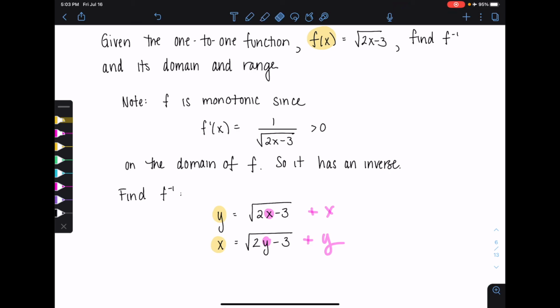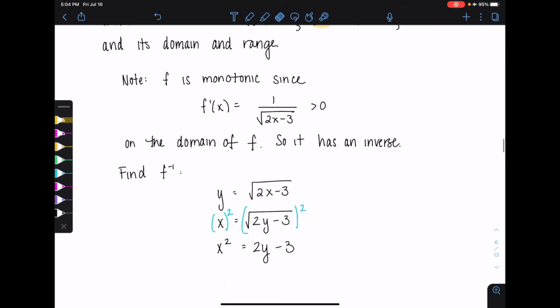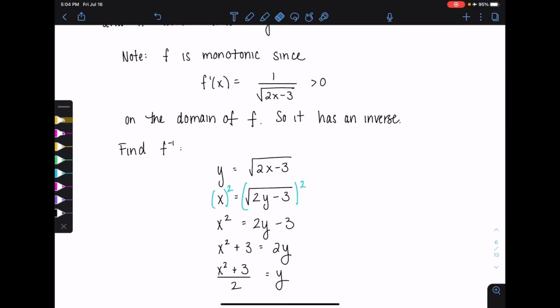So any x gets replaced by y. Now we need to solve this equation for y. So let's go ahead. We need to get that radical gone by squaring both sides. This gives us x squared is 2y minus 3. Add that 3 over. Then we just have to divide by 2.